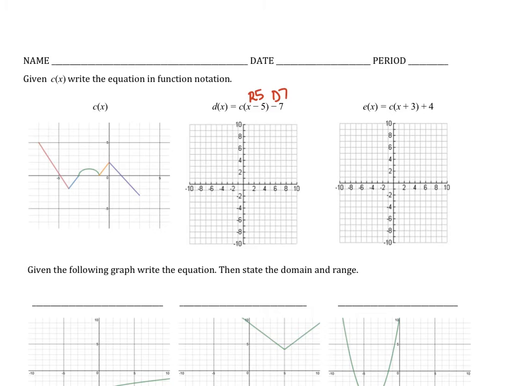Before I start that, I need to know what these points are. So let's make a table. X, y, this is for my c of x. That's negative 7, 5. And then I have negative 4, negative 2, negative 3, 0.